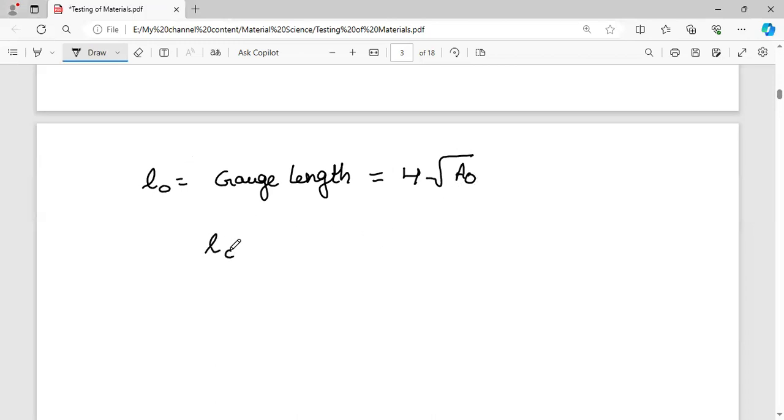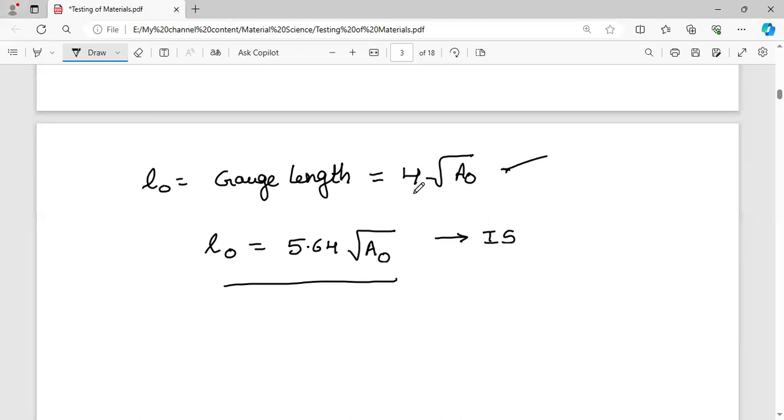Whereas in Indian specifications, L0 equals 5.64 into square root of A0. Observe the difference. As per the IS specification, gauge length can be calculated using 5.64 into square root of A0, whereas in the normal terminology, L0 equals 4 into square root of A0.